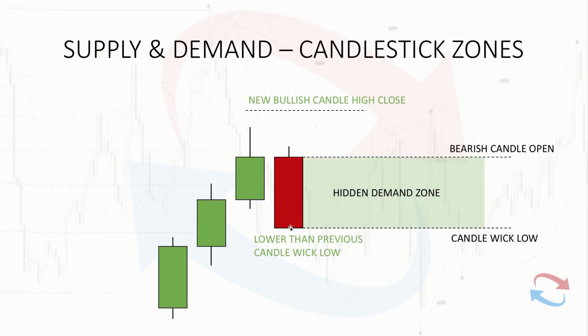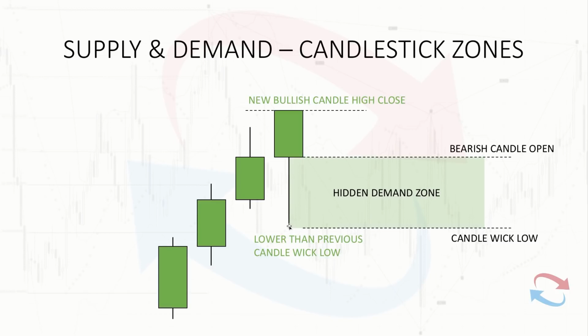Prices and demand came in and pushed prices higher than the previous day. So you would have had something like this at some point, where prices got back to where it was at the start of the day, or the start of the candle, and then you had a close higher. So this now becomes hidden demand.